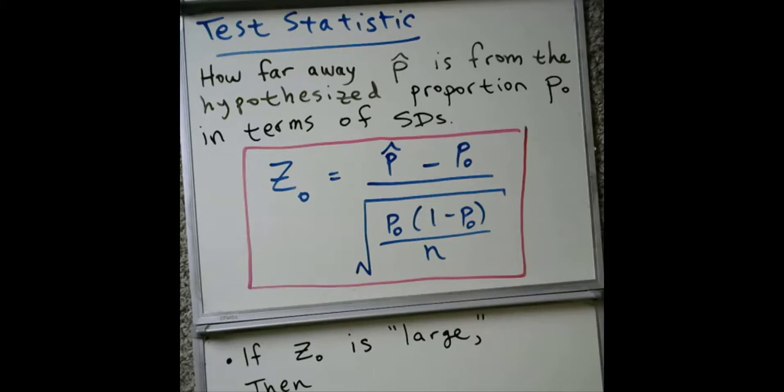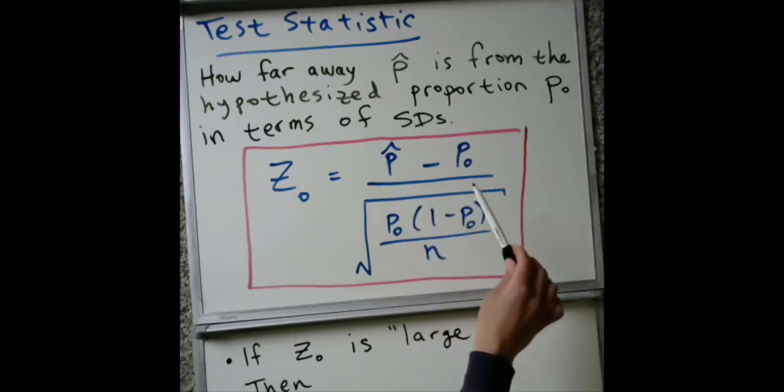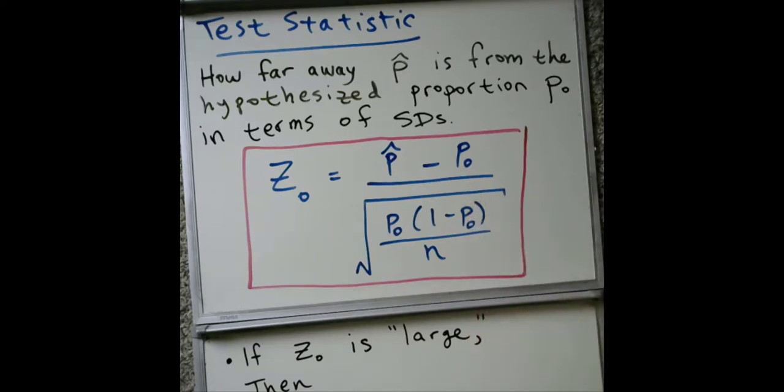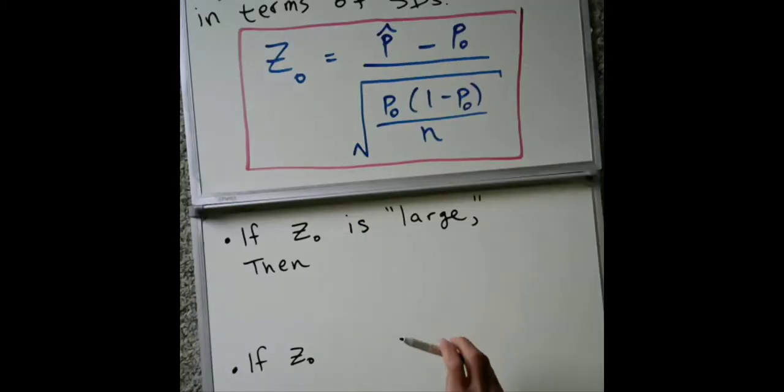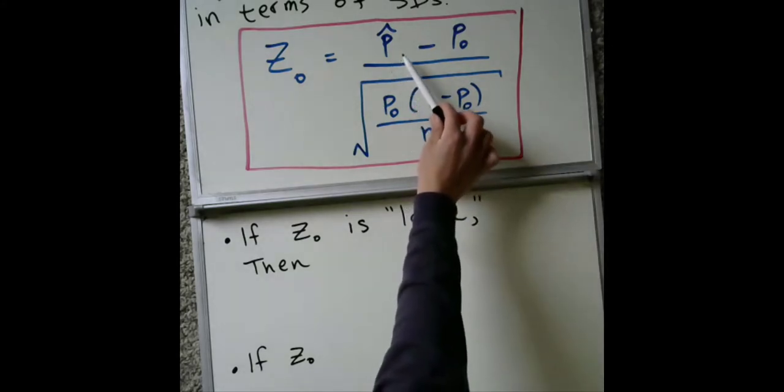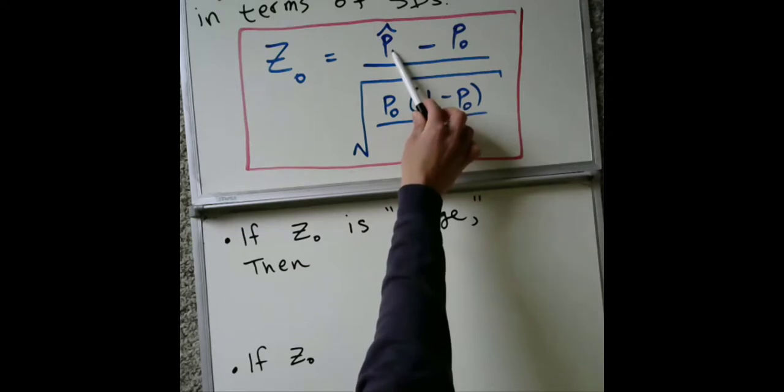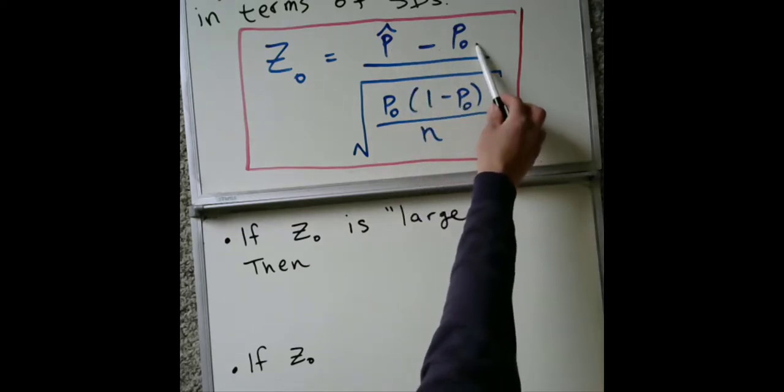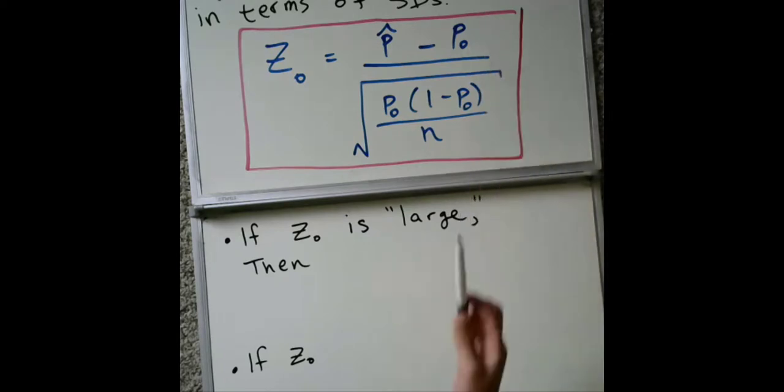Let's talk about potential values for this test statistic. It's just a number. But when we perform this computation, this is an indication of how different our sample is from our hypothesized value in terms of proportions. So if you get a test statistic and it is a "large" number, that must mean that your sample proportion was very different from the number in the null hypothesis.